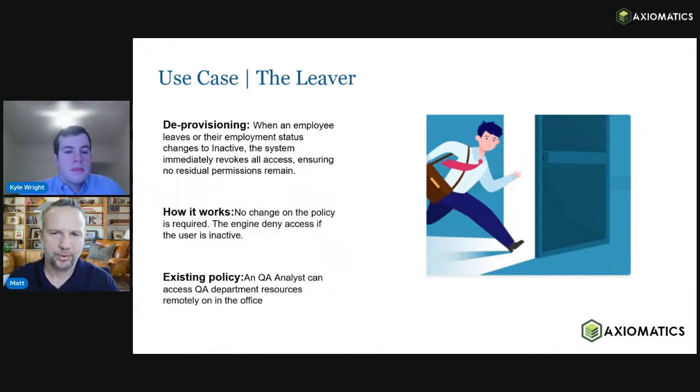So in this case, what we would end up doing is updating our attributes so that they are marked as no longer that active employee. And in that case, they might still have authentication access to applications, but they would no longer have authorization to access anything within the application.